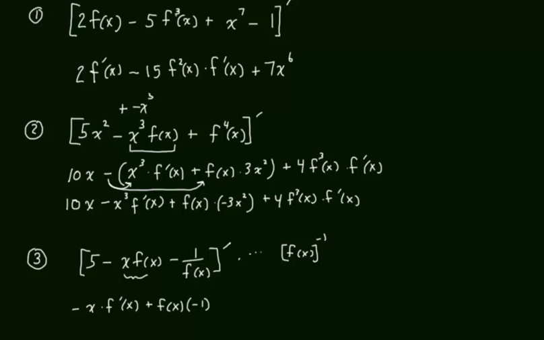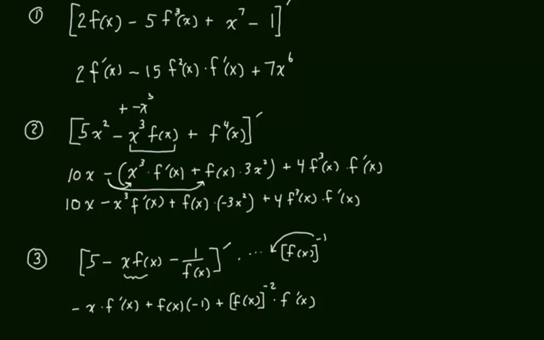So I'm going to bring down the negative 1, and that's going to combine with this negative to make it plus f(x) to the power of negative 2 times the derivative of the stuff, f prime of x.